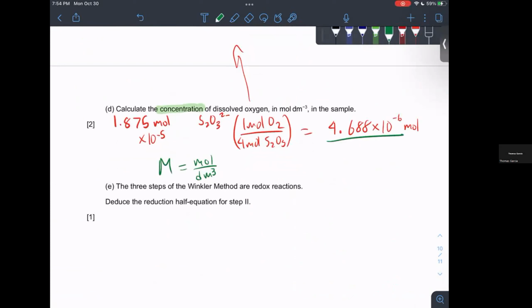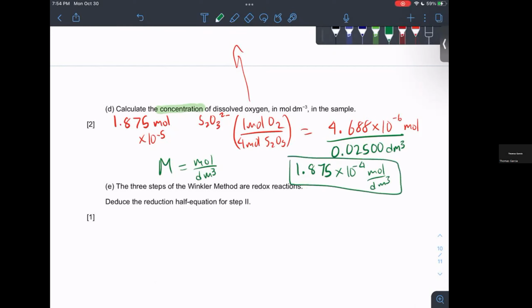So we're going to divide by 0.02500 decimeters cubed for a grand total of 1.875 times 10 to the minus 4th mole per decimeter cubed. Just going to fix that real quick. Done. That's a second mark.